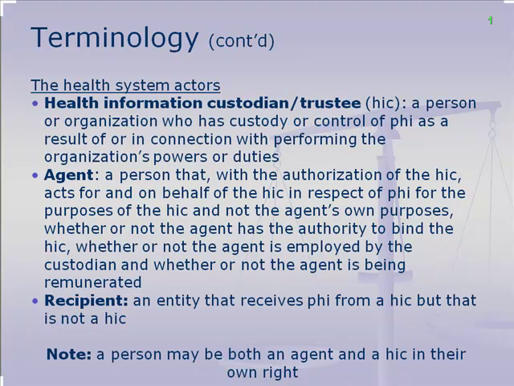So we've spoken about the type of information we're looking at, and now let's look at what I call the health system actors. So we have what are called in Ontario and some of the eastern provinces, health information custodians, or HICs for short, or for whatever reason, and I'm not sure, the Western legislation calls these individuals or organizations trustees.